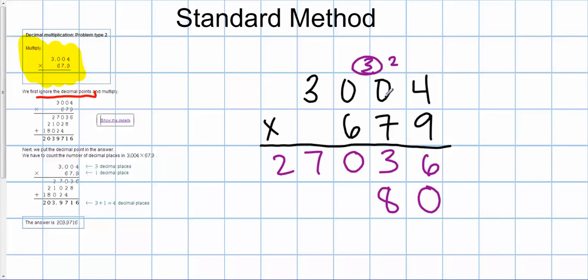Now 7 times 0 is 0, but I have to add my 2 in, so I put a 2. Next, again, I'm doing 7 times 0. 7 times 0 is 0. Next, 7 times 3. 7 times 3 is 21. So I do that.